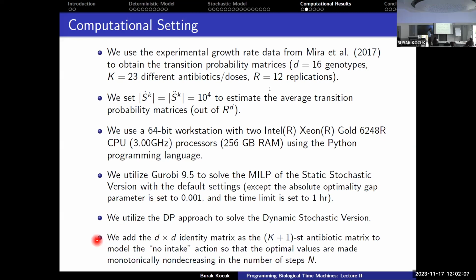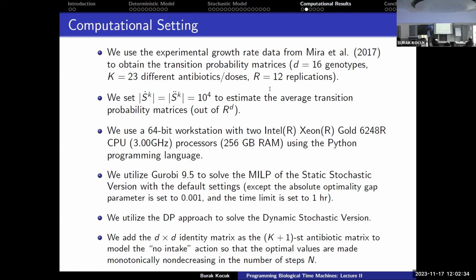And I think we briefly talked about this. It's possible that we end up at wild type before capital N. And why do we waste the remaining rounds? So that's why we also added an identity matrix, as in no action, no intake action, so that you can stay there if you want.